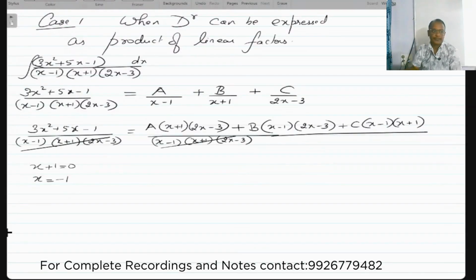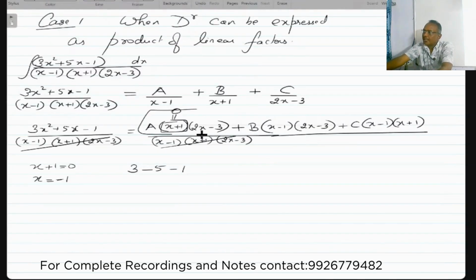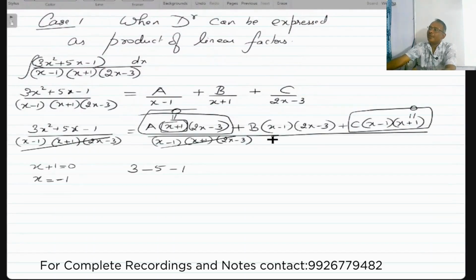Let us check. If I put the value of x as minus 1 in this, I will have 3 times minus 1 squared is 3, then minus 5 into minus 1 is minus 5, minus 1. Right? If I put x as minus 1, won't this term become 0? Which means this whole term will become 0. If I put x as minus 1, this will also become 0, which means this whole term will become 0.